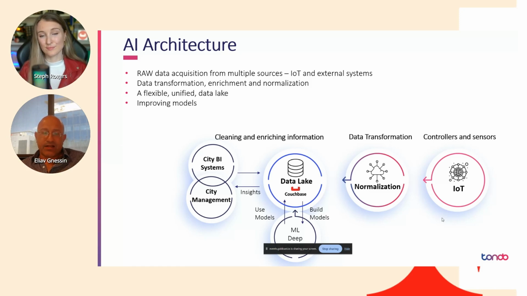This data is sent to the cloud, and when it arrives, you first need to normalize it. After this normalization process, you store the data in a data lake. And as you know, we are using Couchbase to do that.